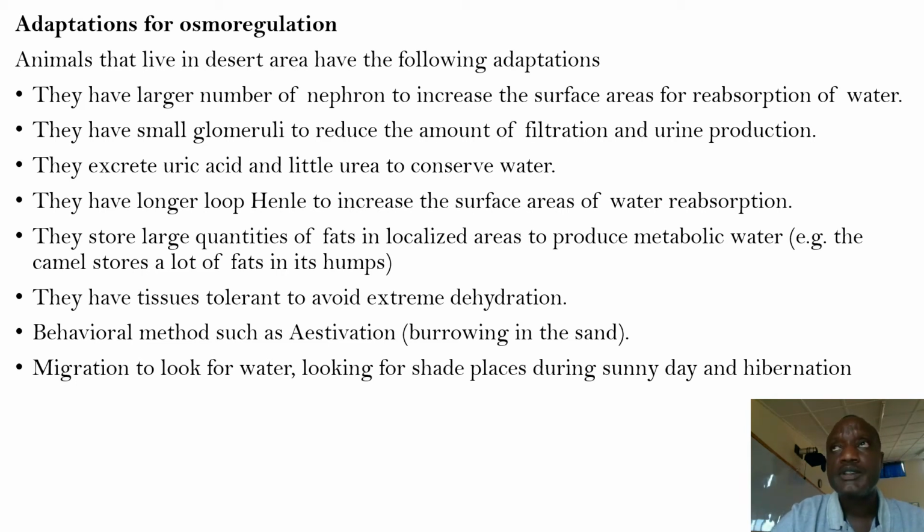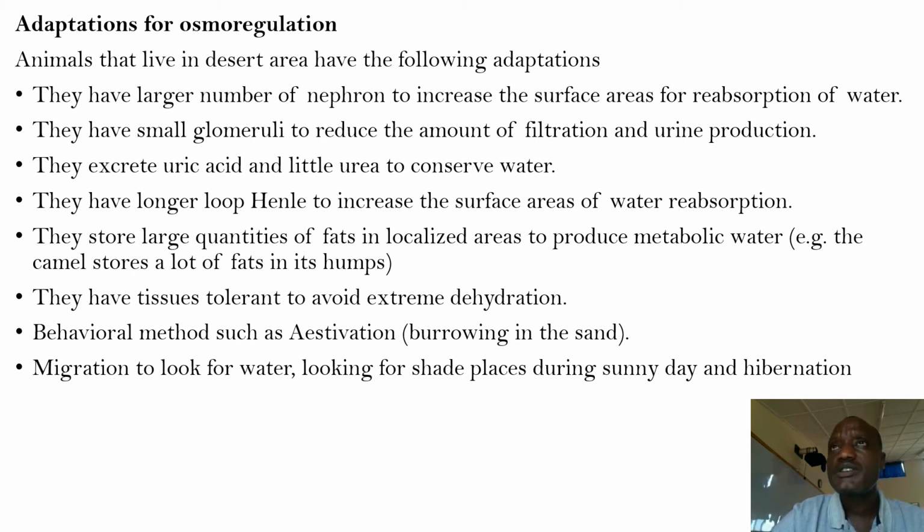A good example is the camel and the kangaroo rat. Remember those two desert animals, and how they conserve water in their body tissues: they use this adaptation of producing highly concentrated urine. Third, they excrete uric acid and little urea to conserve water. That is what I have been explaining to you.